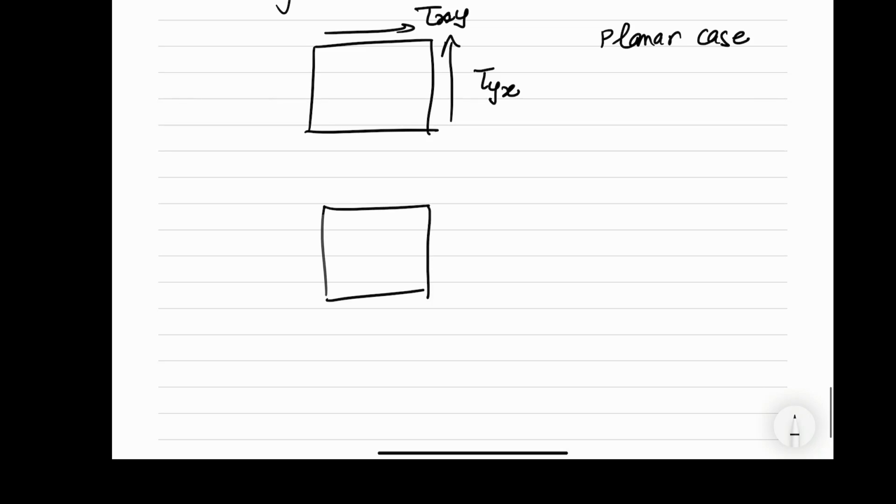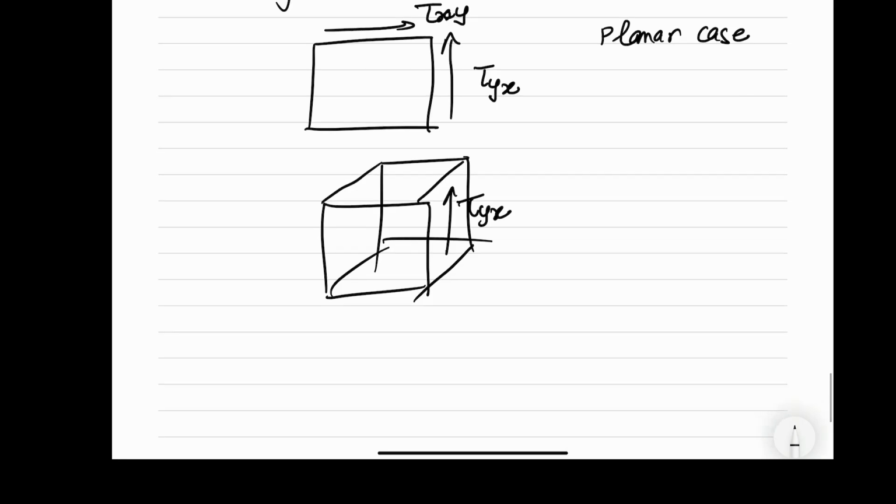I can just show. My drawing is not so good. This is x, this is y, this is z.